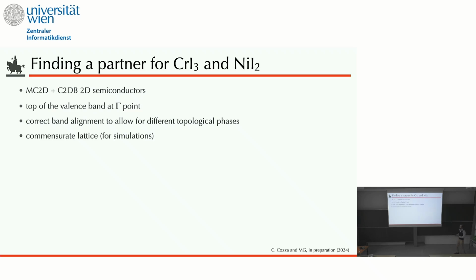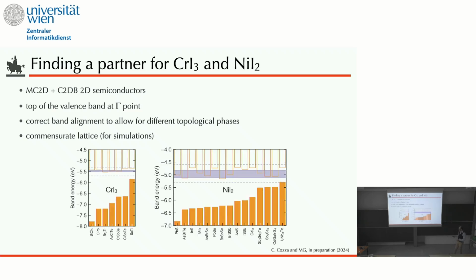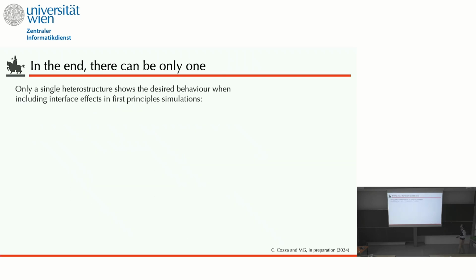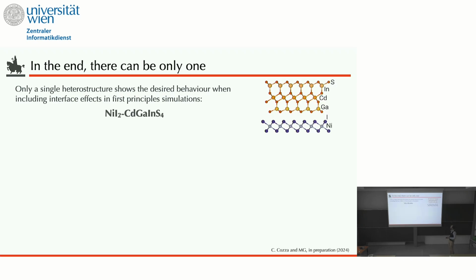And of course, for simulation, it's important to get a commensurate lattice, but this is not really needed for experiments. So we found a bunch of materials for both of them, and we ran calculations for the possible heterostructures, and in the end, only one survived, and only one heterostructure showed the right physics.